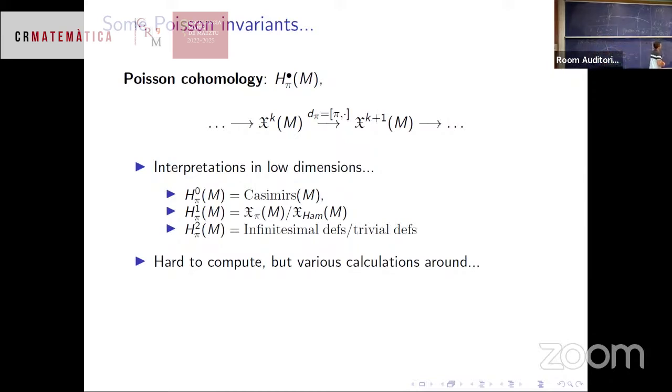But in general, it can be very interesting and not easy to calculate, even in simple examples. If you take the plane R2, and you take a function that vanishes at the origin, the Poisson cohomology will depend on the type of singularity. It will have information about the singularity of the function at that point and things like that.